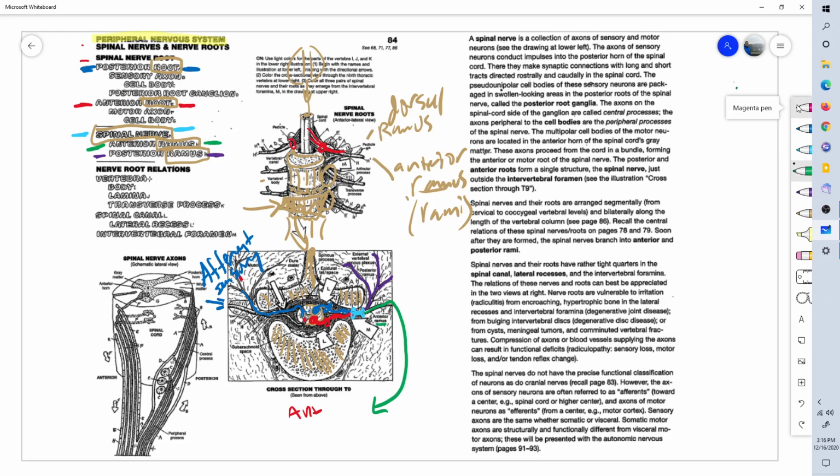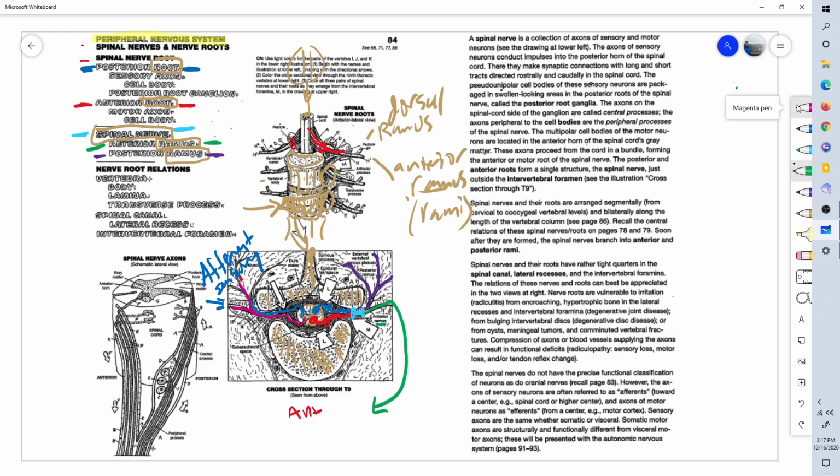The signal will come from the brain to the anterior horn, through the anterior root, through the spinal nerve, and then out through the posterior primary ramus, or the anterior primary ramus, whichever muscle it's heading to innervate. Point being, it passes through multiple spots. So that's what I want to review.